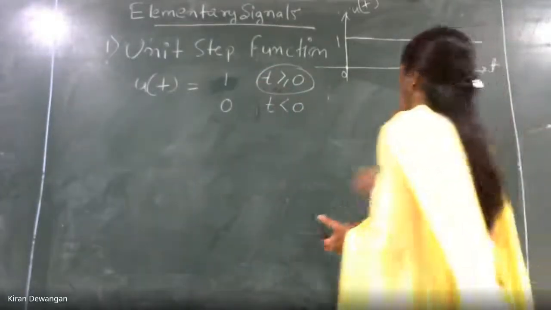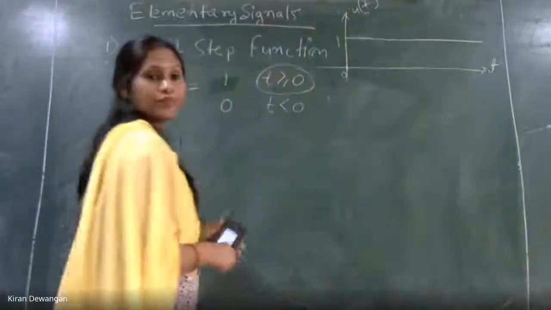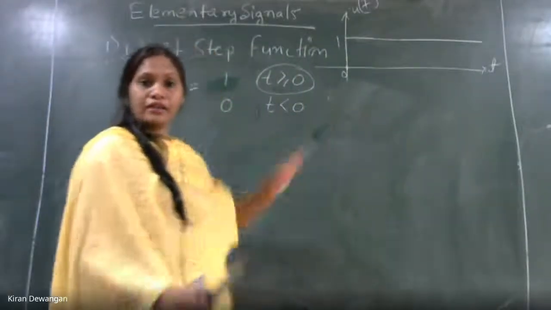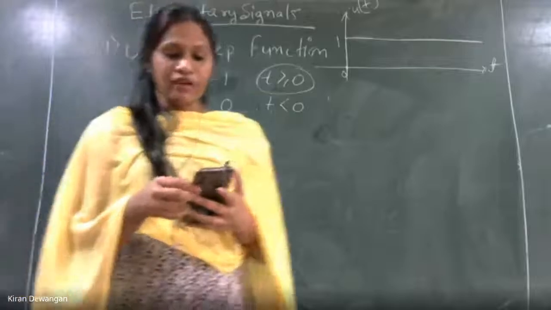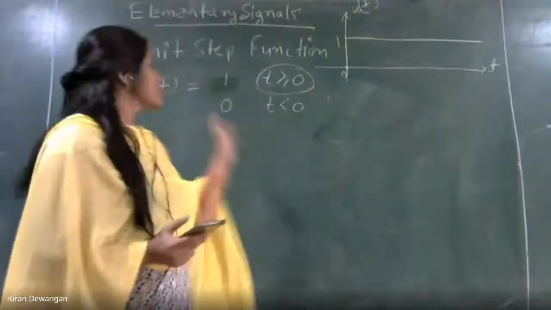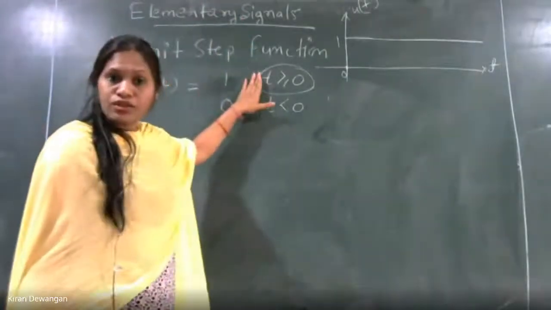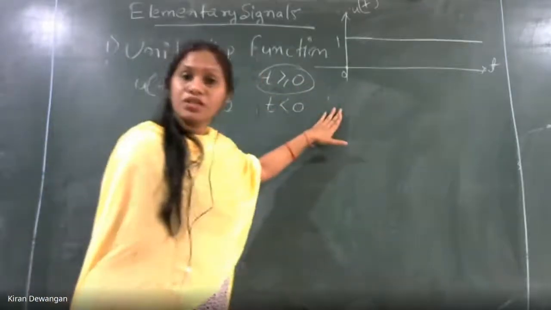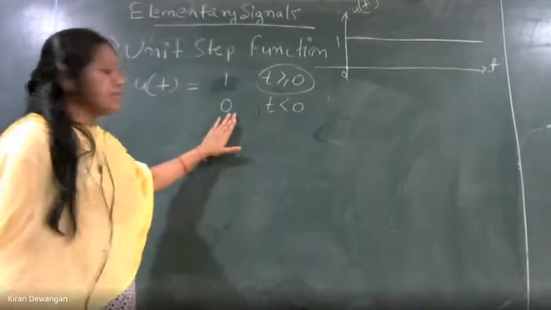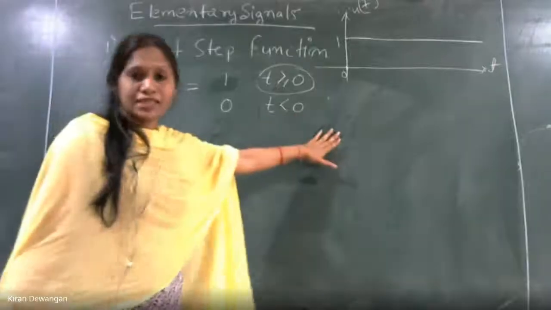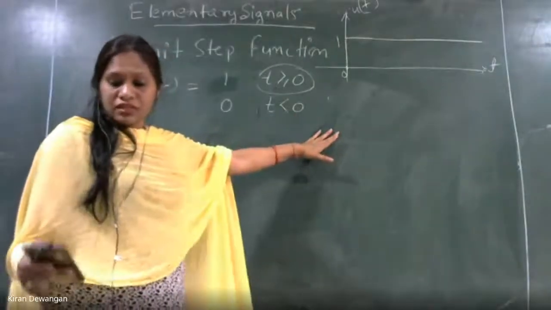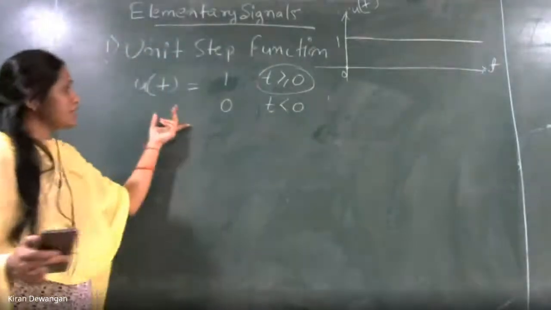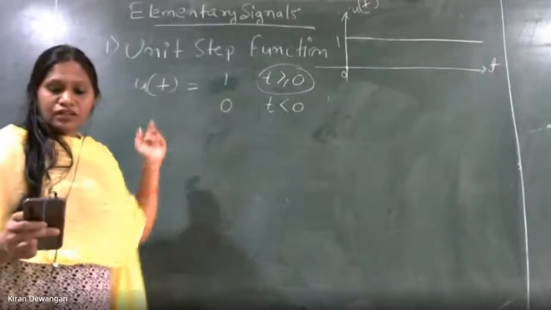That is how we define our u(t). This one is clear, right? u(t) is a very simple function. Its value is 1 for all values of t greater than or equal to 0, and it is 0 for t less than 0.